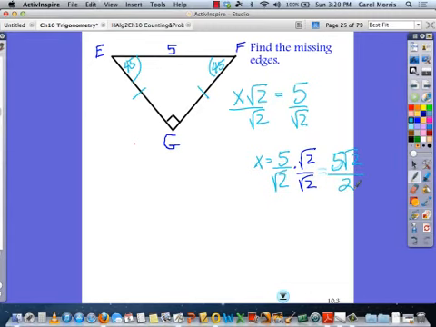And so 5 root 2 all over 2, final answer, and that would be our edge for both of these because it's a 45, 45, 90. And that's your exact edge. We don't want to go into a calculator, punch that in, and find the messiness. These are exact values, and that's what we're looking for in this section.